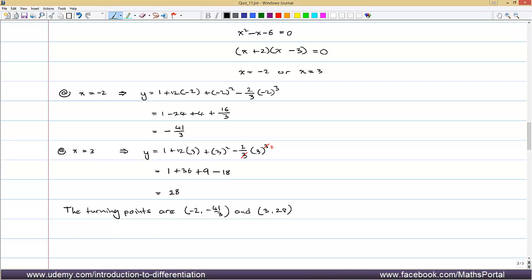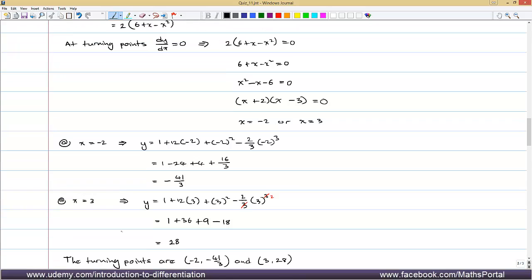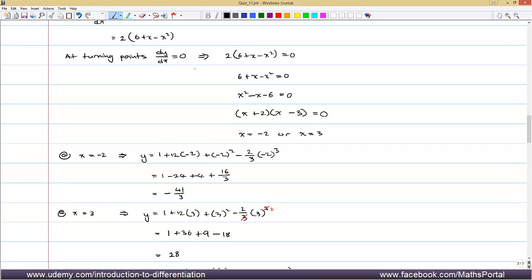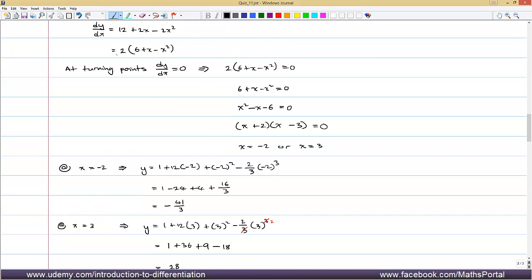These are the two turning points, but we do not know which one is the minimum and which one is the maximum point. And we need the second derivative, d2y/dx2. Well, what is dy/dx? Let's take a look again. Here, dy/dx is this.